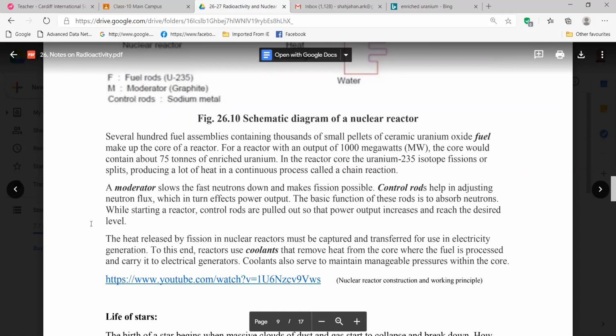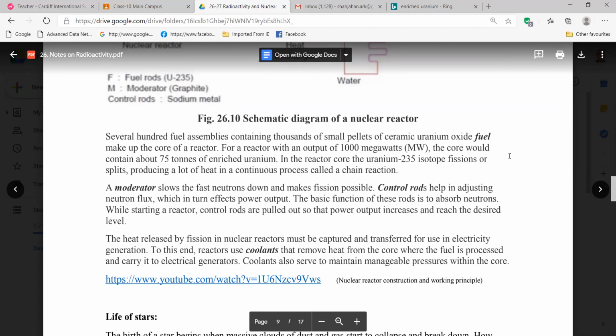Okay. Enriched uranium means the uranium we get in nature is mostly uranium-238, uranium-234, and also some uranium-235. But for the nuclear chain reaction we need uranium-235 because it works better.